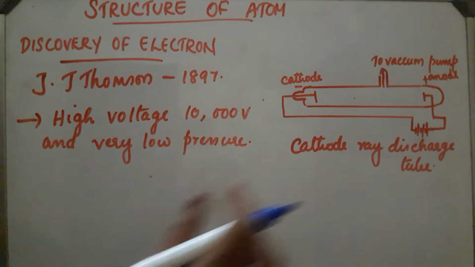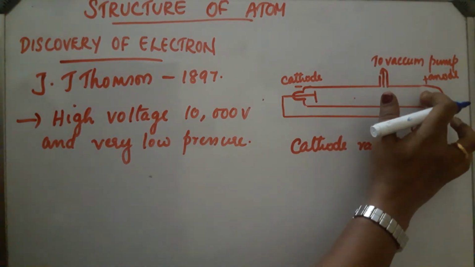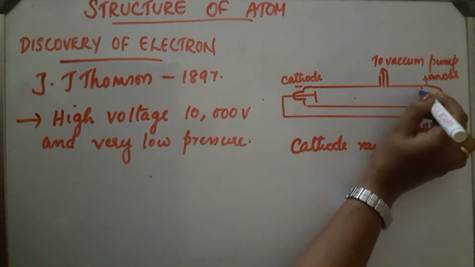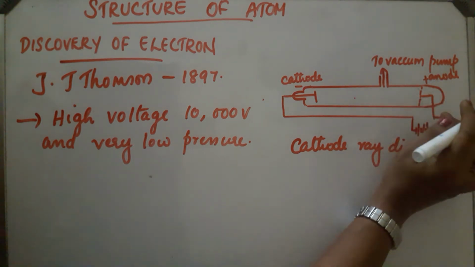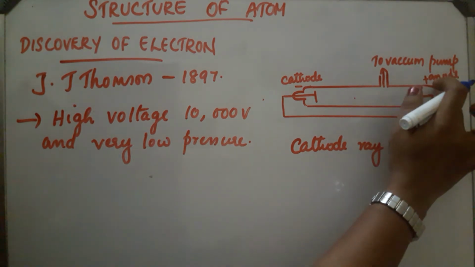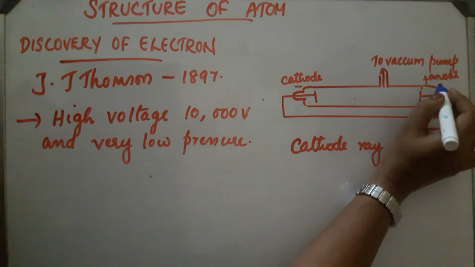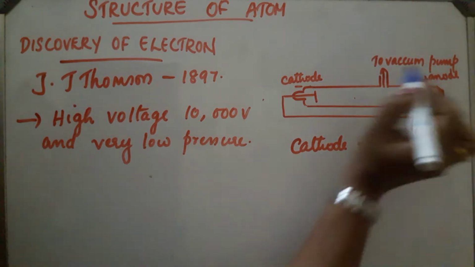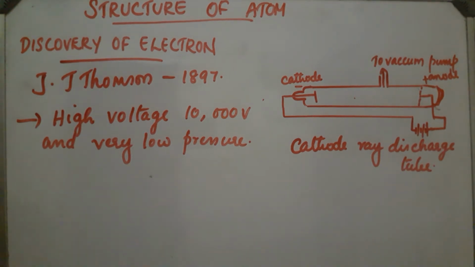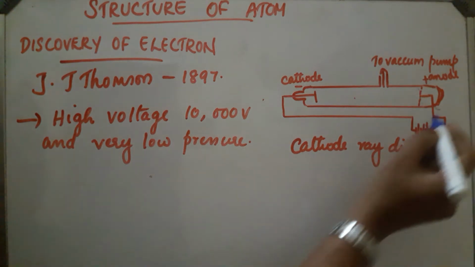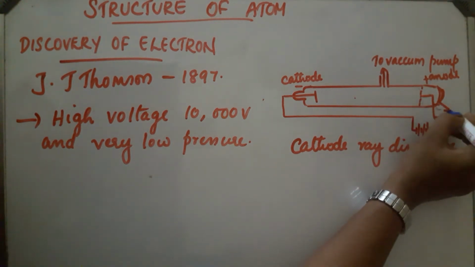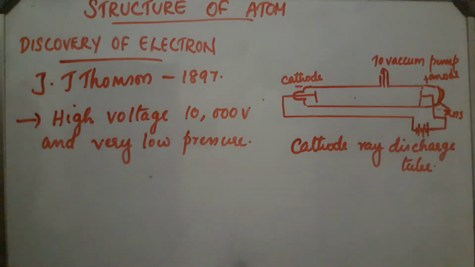This can be observed by replacing the anode with a perforated anode. What is meant by perforated anode? Perforated anode means an anode containing holes. So the particles can easily move through these holes and hit a zinc sulfide plate, a fluorescent screen coated with zinc sulfide.